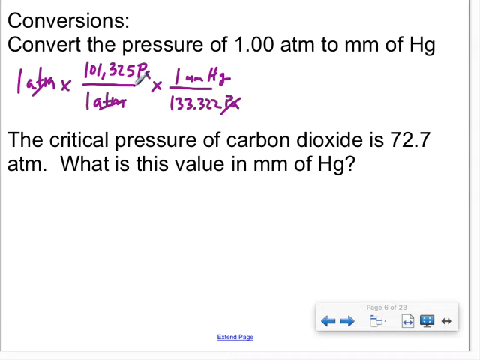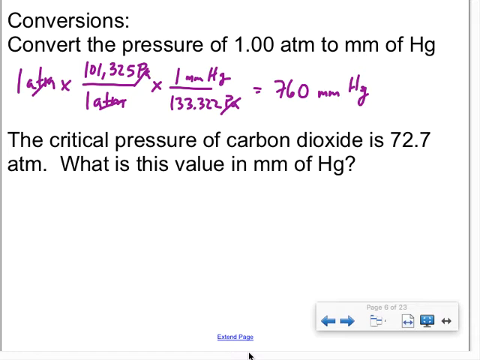So pascals will cancel out, and my unit will be left in millimeters of mercury. So 1 times 101,325 divided by 133.322 gives me roughly 760 millimeters of mercury.